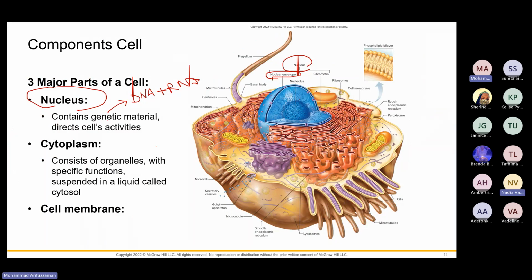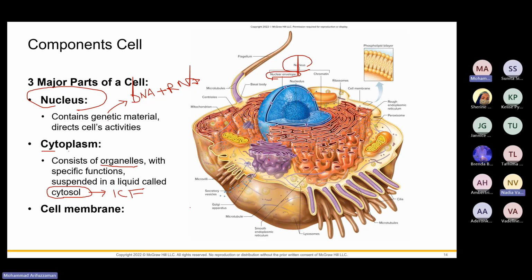So the next component is the cytoplasm. Cytoplasm is the cell substance. You can see here, this is the cytoplasm, and the cytoplasm consists of organelles. Cytoplasm contains cytosol. So what is cytosol? Cytosol, also called ICF. Do you know what ICF is? Intracellular fluid. Absolutely correct.